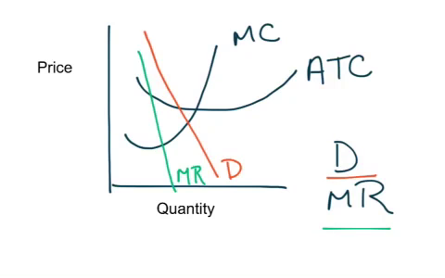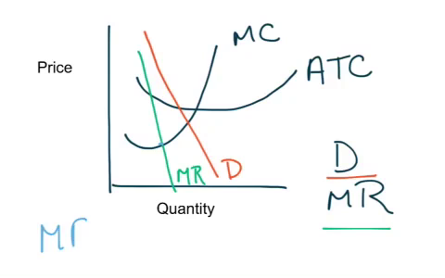So what we see here is the demand curve is drawn in red, and lying below the demand curve is the marginal revenue curve. So the way that this works is that we are going to use where the marginal revenue curve meets the marginal cost curve.